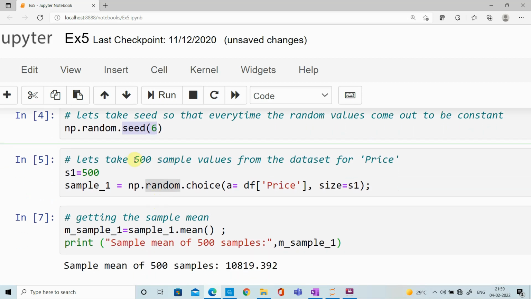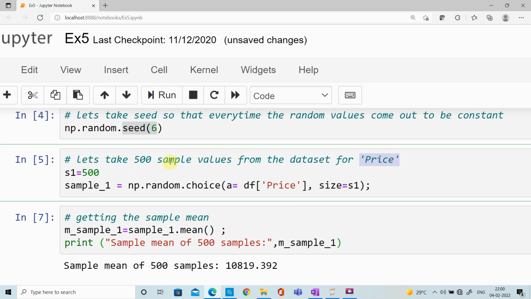First, I need to calculate the sample mean. To do that, I first need to pick a sample from the population: out of 1436, I need to take 500 values. I am doing the analysis only for the price column.